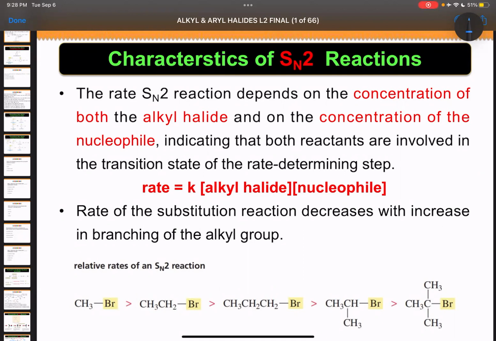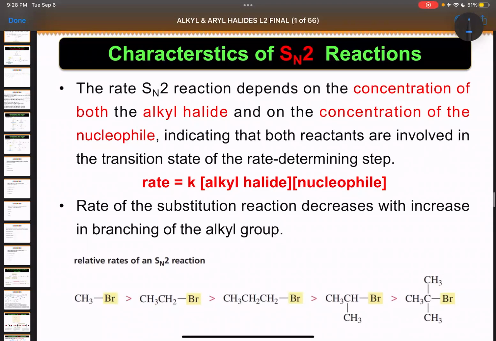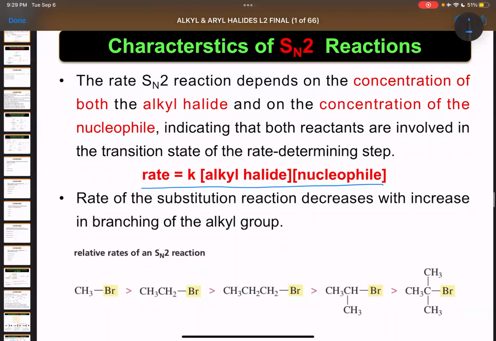In SN2, the nucleophiles are very aggressive, or good nucleophiles, and they attack. Because the two molecules are colliding and reacting with each other, the rate is bimolecular.